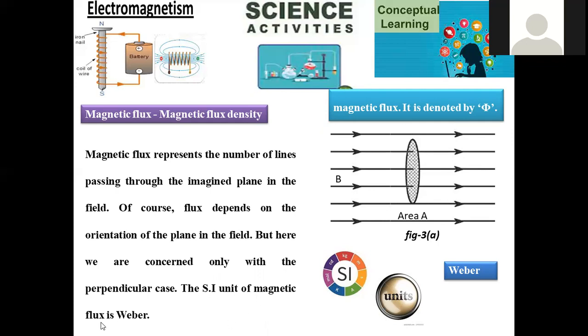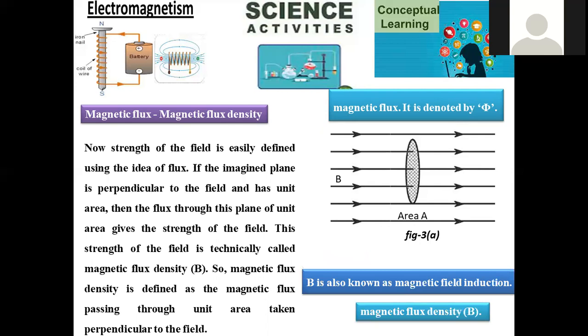And we have SI units to represent this magnetic flux. The SI unit for magnetic flux is Weber. Now, the strength of the field is easily defined using the idea of flux. If the magnetic flux is known to us, then it is very simple to denote the strength of the magnetic field.